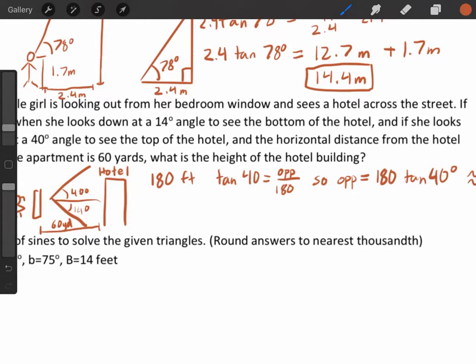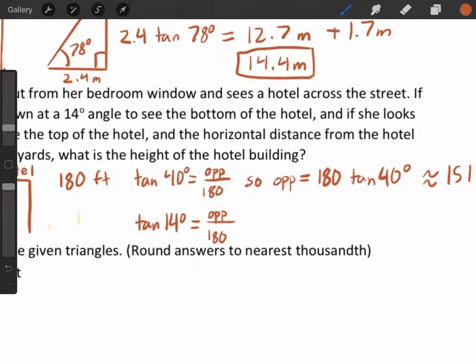So let's look at this second triangle, which is tangent 14 degrees is equal to opposite over 180 feet.